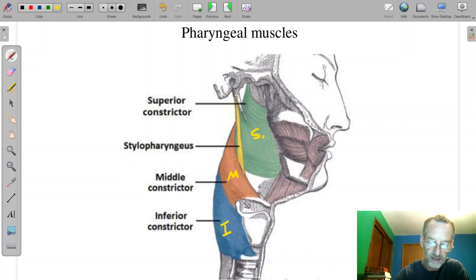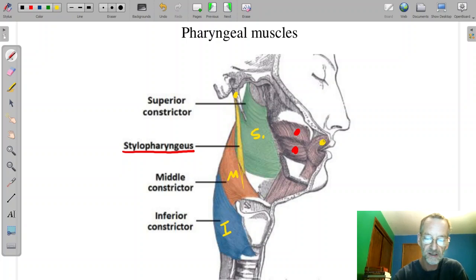Again, running from the styloid process down into the pharynx in yellow, which is the stylopharyngeus. Okay? And again, you should be able to recognize these, and I'm drawing circles on. They're pretty obvious. They're pretty straightforward. The red and the red are the same muscle. And then you have this one, which is pretty easy to identify.